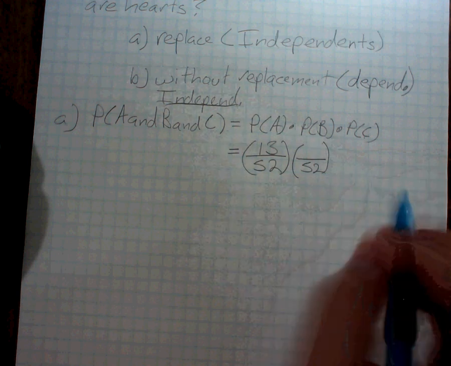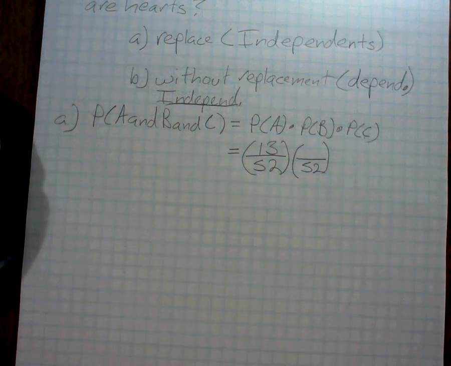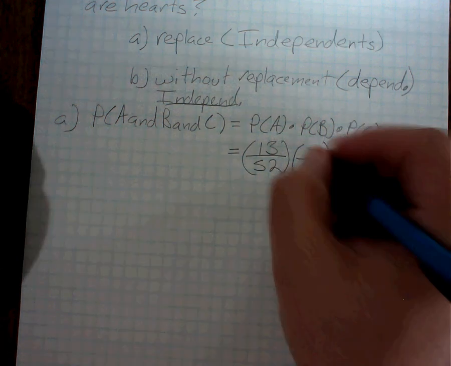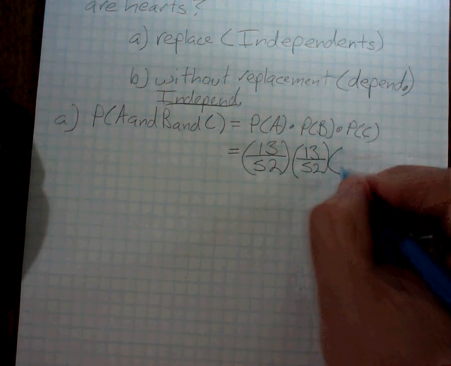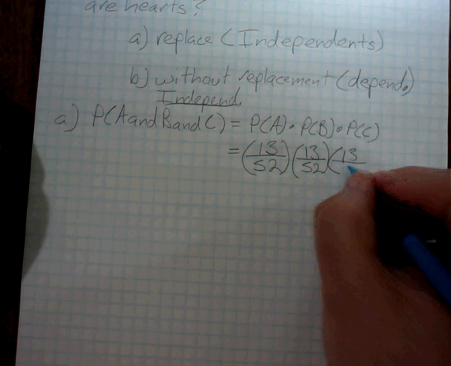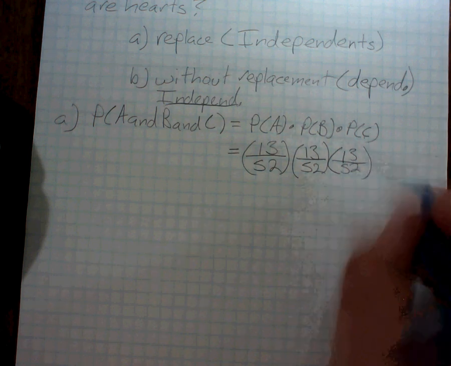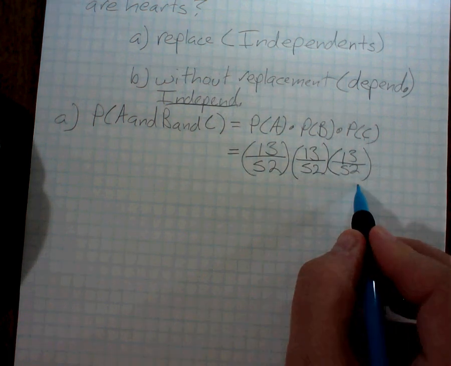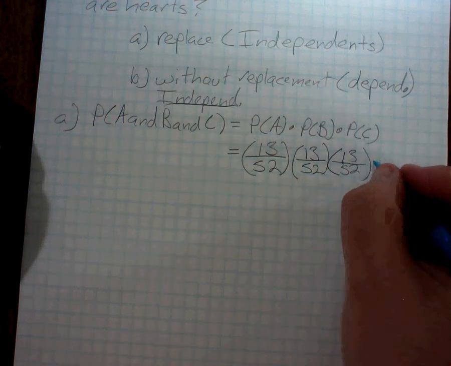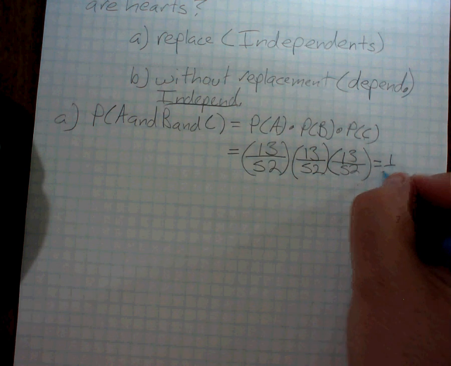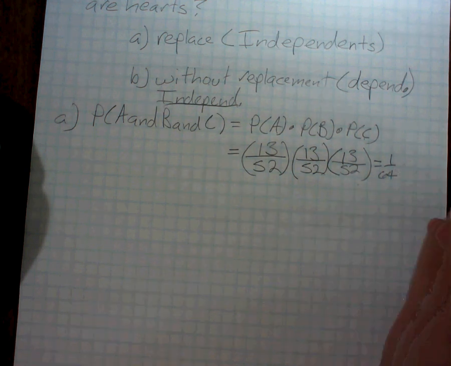What are the odds of me pulling out hearts again? Well, if I put the card back in, I still have 13 hearts in the deck. And then again, for part C, I have 52 cards in the deck. Okay? So then if I multiply all this out, this is equal to 1 over 64 because it'll reduce down to a really small number.